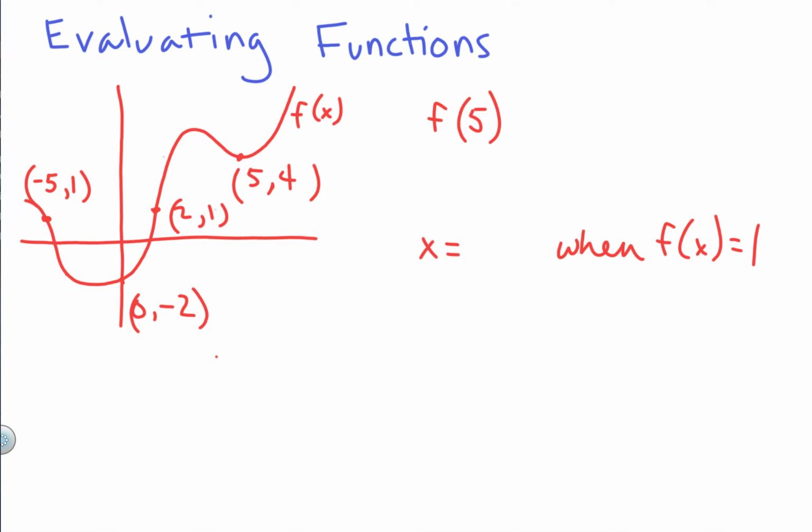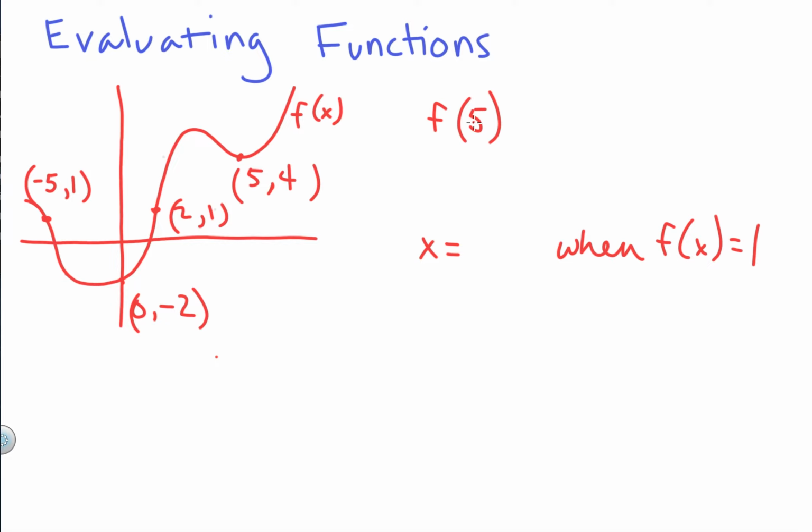Now, this one throws people all the time, and it's just looking at the points on the graph. So when you're looking for f of 5, this graph here is f of x. So the graph represents all of the ordered pairs that are in that function.